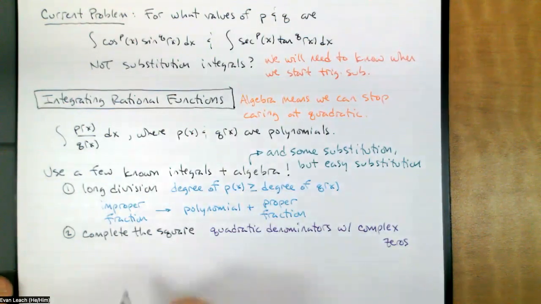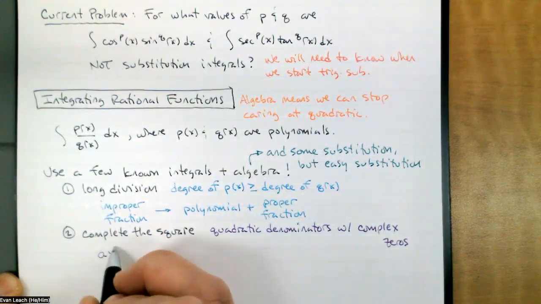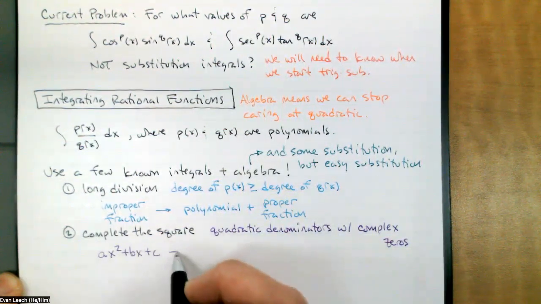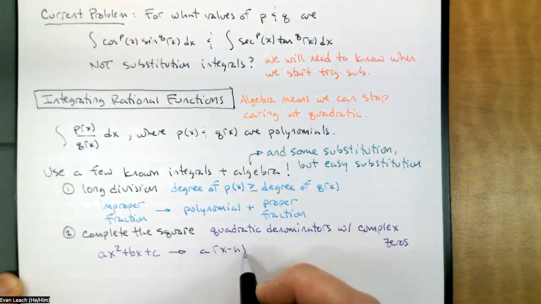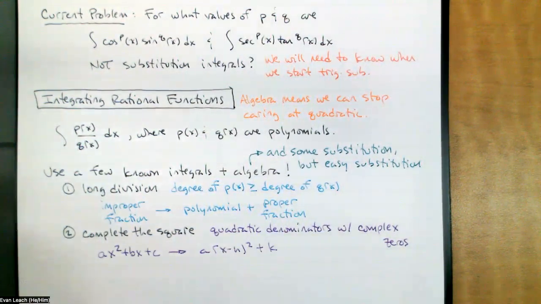In completing the square, we take a quadratic in standard form, ax squared plus bx plus c, and we rewrite it in vertex form, a times x minus h squared plus k. This is our goal with completing the square.